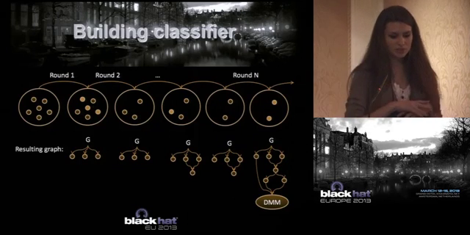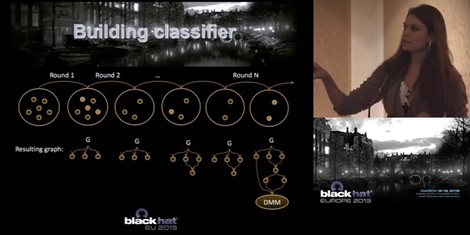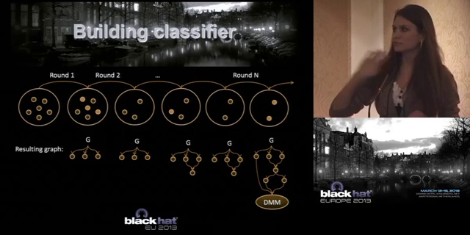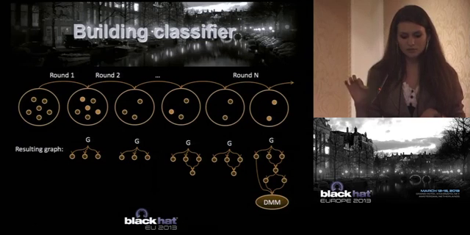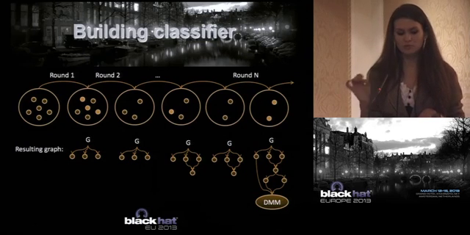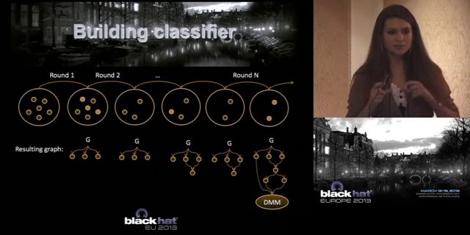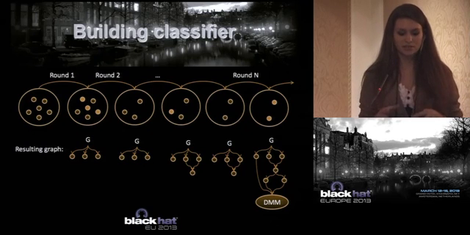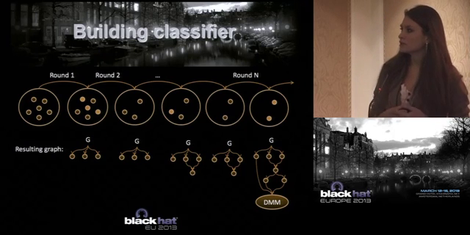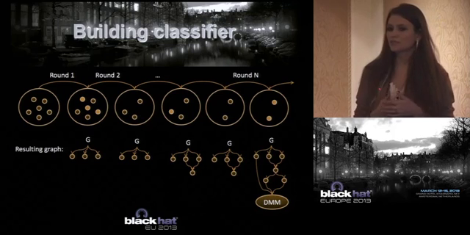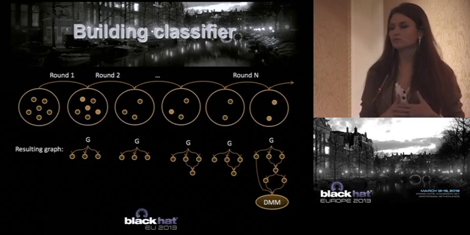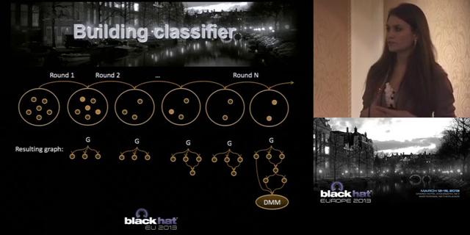Well, how are we building such a classifier? We are given the entire set of elementary classifiers. On every step, we choose some combination of elementary classifiers from it, and we say that it will be the next level of our hybrid classifier.